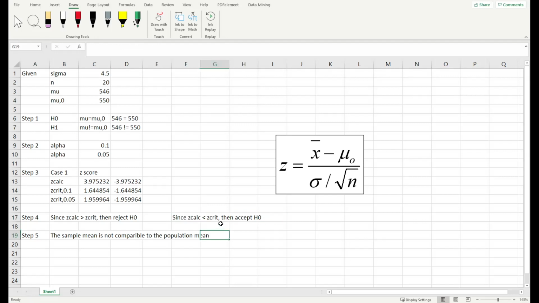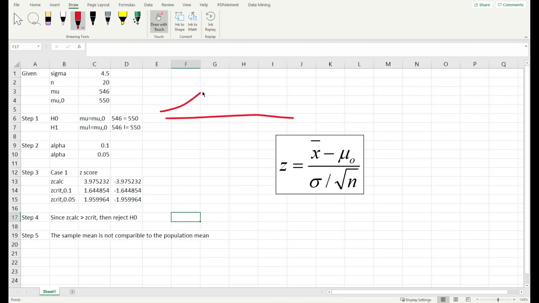Okay? So for me, it's confusing when you use negative values. But the better approach is instead of looking at positive and negative values, just look at the graph. So what you do is, say, graph where the critical value is. Say like this. The critical value is, say, negative 1.6, no? So negative 1.6 is here.